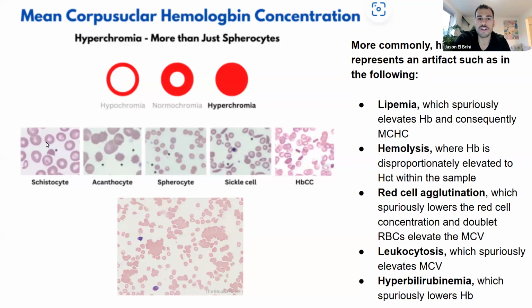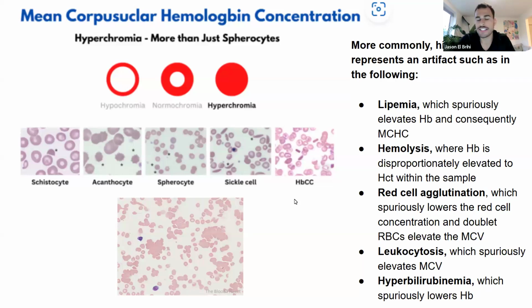So they're all clues: before you even see the smear, if you see hyperchromia, which is an elevated MCHC, that can clue you to one of these things going on. So one of the pearls to take home is if you ever have an elevated MCHC, you should always request a blood film or smear to identify if any one of these cells are here.